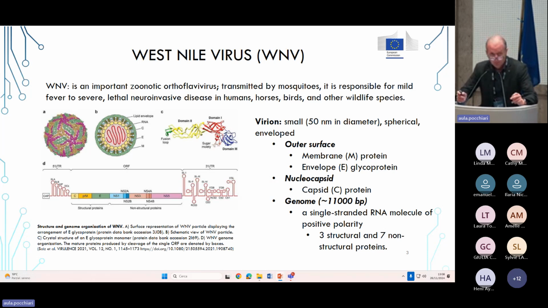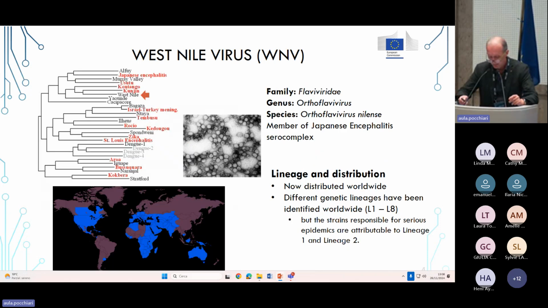The virion is small, around 15 nanometers, spherical and with envelope. And we have three main proteins: membrane proteins, envelope proteins, and capsid proteins. Single strand RNA, positive polarity, three structural proteins, and 7 non-structural proteins.